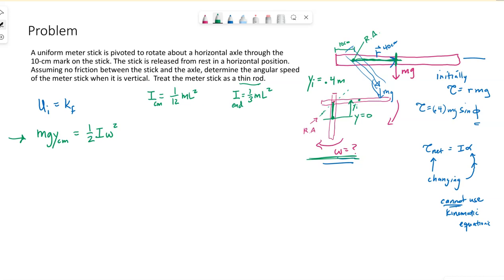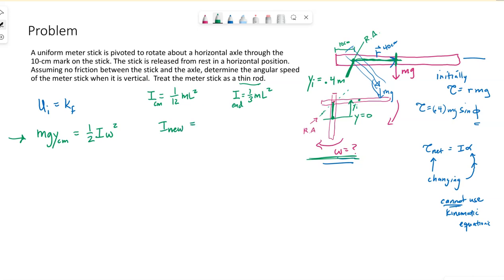Now, this particular problem, we don't have either one, right? Our rotation axis is at the 10 centimeter mark. That's neither the end nor the center of mass, which means we need a different way to find I. This is considered an I nu.